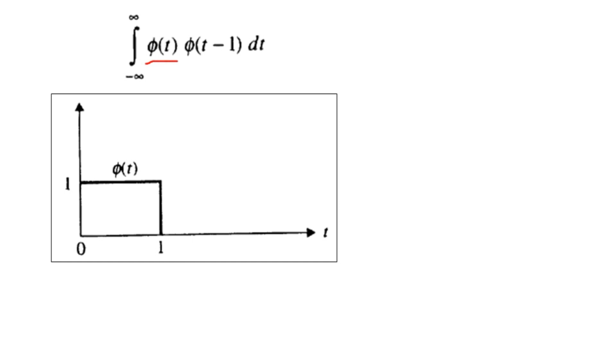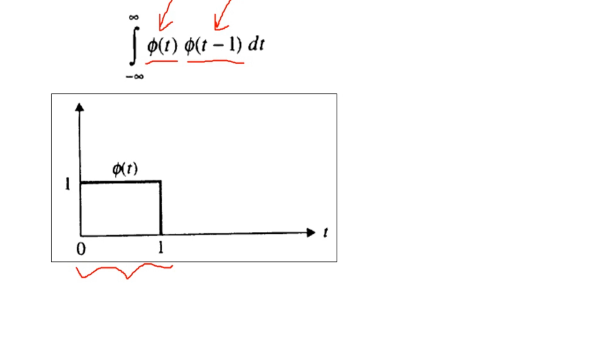We know that phi of t holds the amplitude equal to 1 for the time duration 0 to 1 here. We multiply this scaling function with its translated version, where the translation is carried out by 1 unit. So we have the same amplitude equal to level 1 for the duration 1 to 2, and the function here we denote as phi of t minus 1.